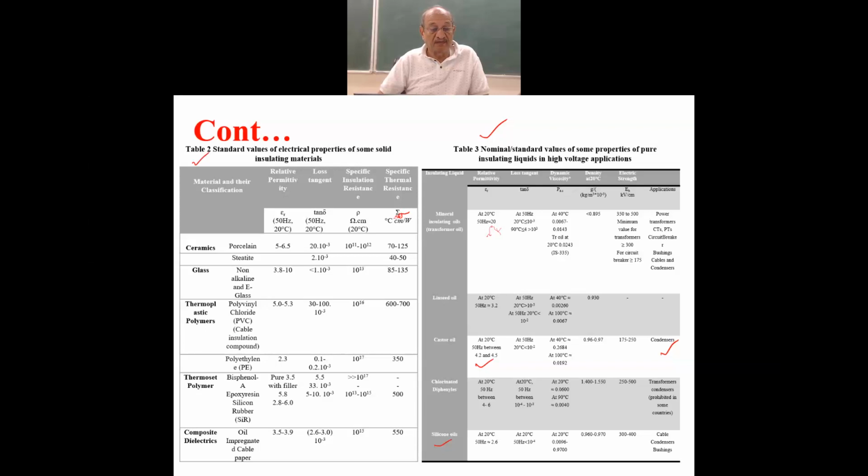So this is a quality control parameter. Tan delta is a quality control parameter used very widely all over the world. I hope you have been able to appreciate all that.